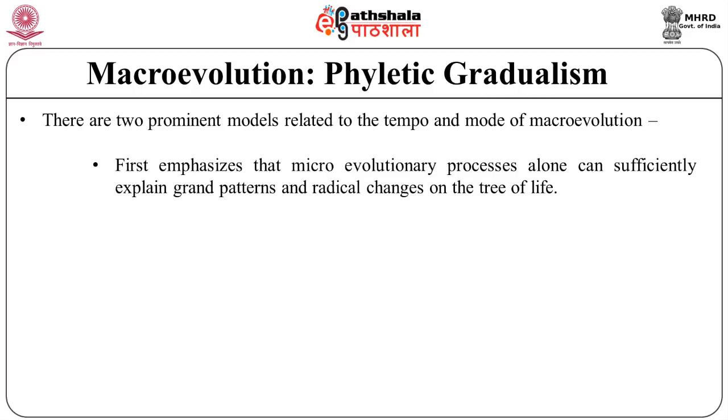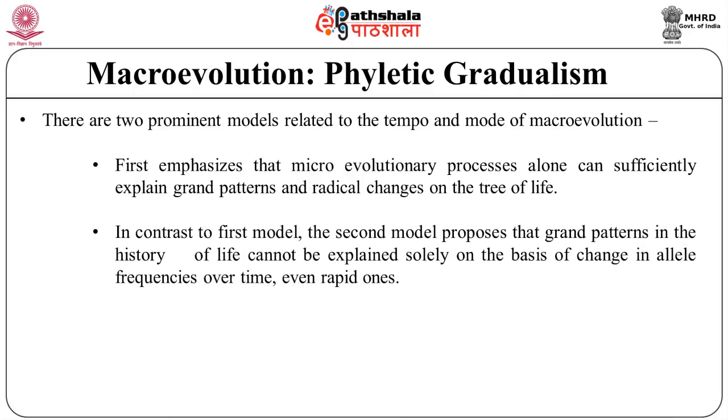The first emphasizes that the microevolutionary processes alone can sufficiently explain the grand patterns and the radical changes in the tree of life. This model suggests that speciation may occur through the gradual changes within the lineage, such that over time a species is transformed into other species.